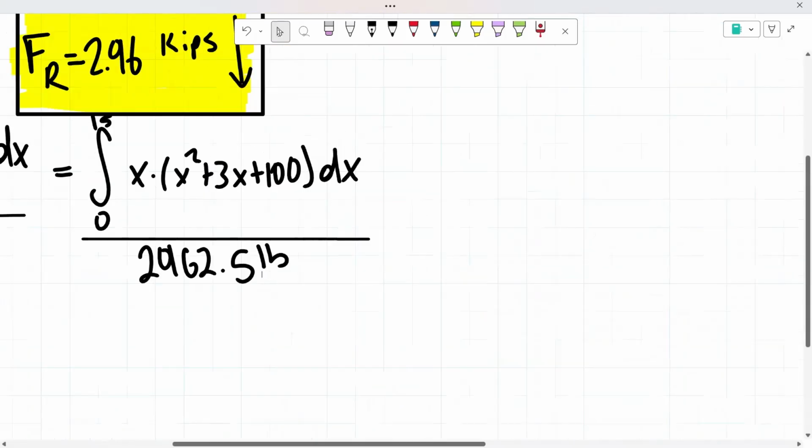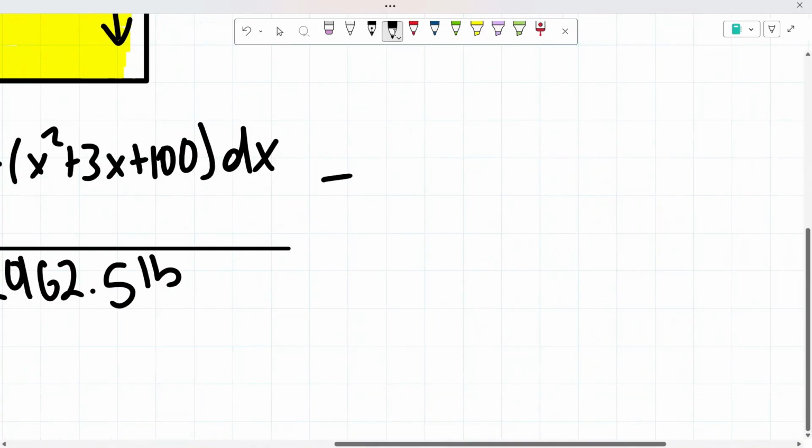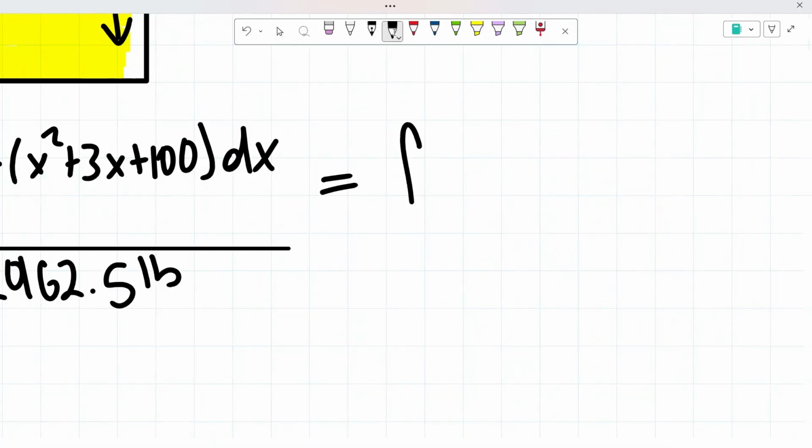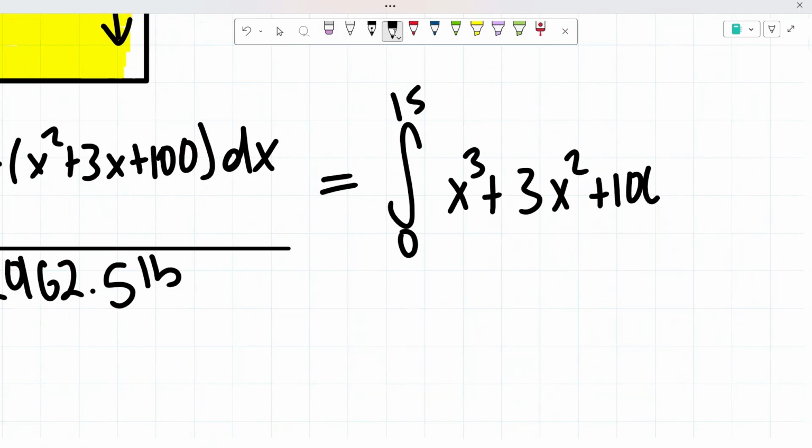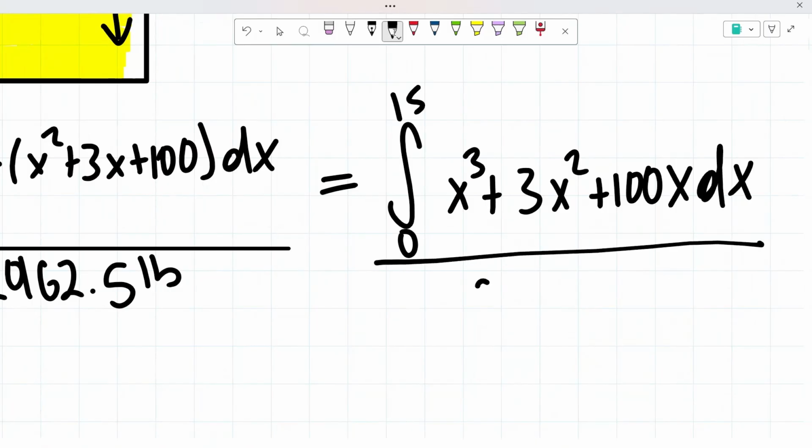So from here, we're just going to simplify. We're just going to solve. So if we distribute that x, we would end up getting x to the third plus 3x squared plus 100x dx over our resultant force.